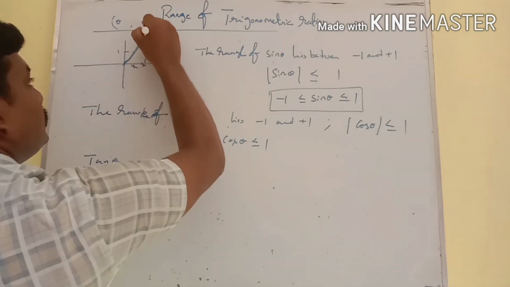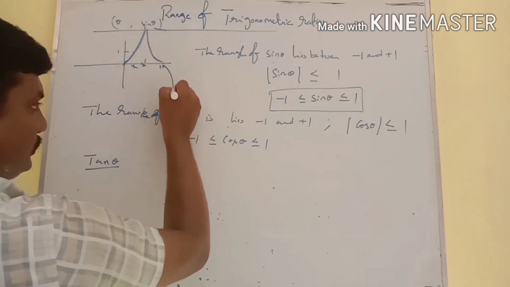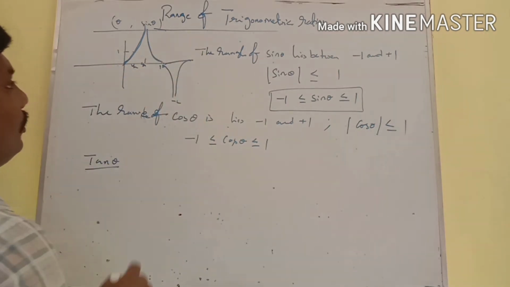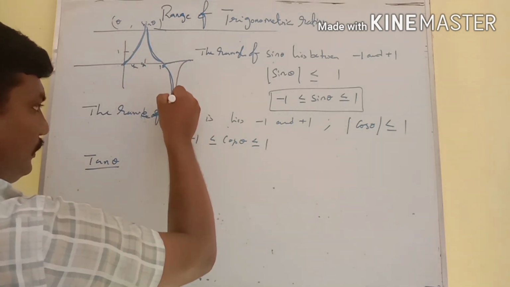That means it increases to infinity and decreases to 0, and further decreases to minus infinity, and further it comes to 0. That means it goes from plus infinity to minus infinity.